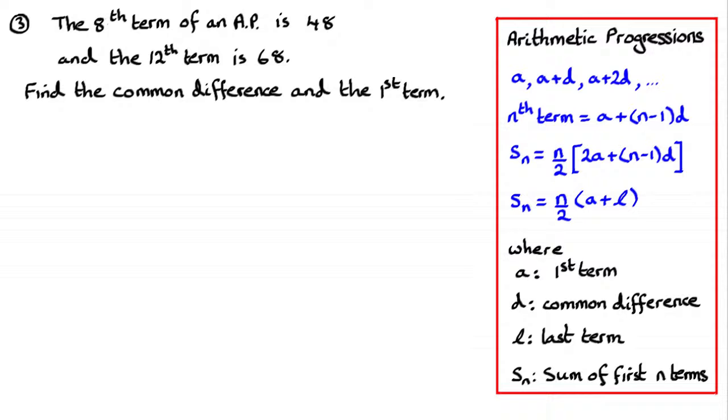But I think you'll see if you look down the chat that you can see the common answers are D is 5, well done, and the first term A is 13. Let's take you through this. With both answers correct.